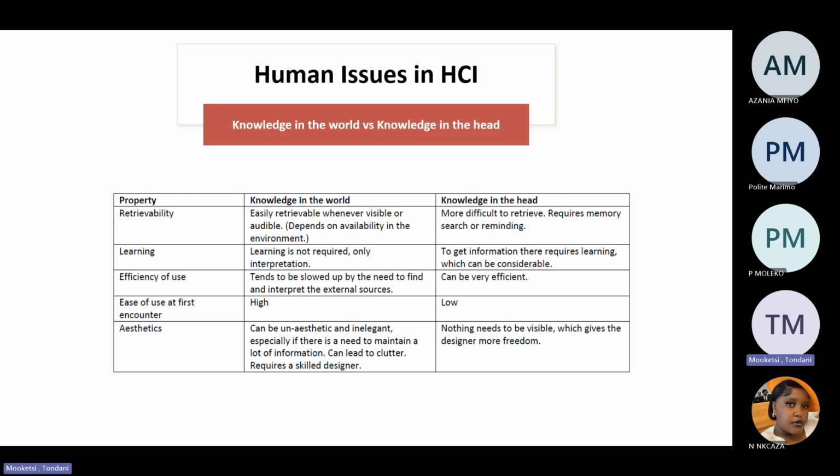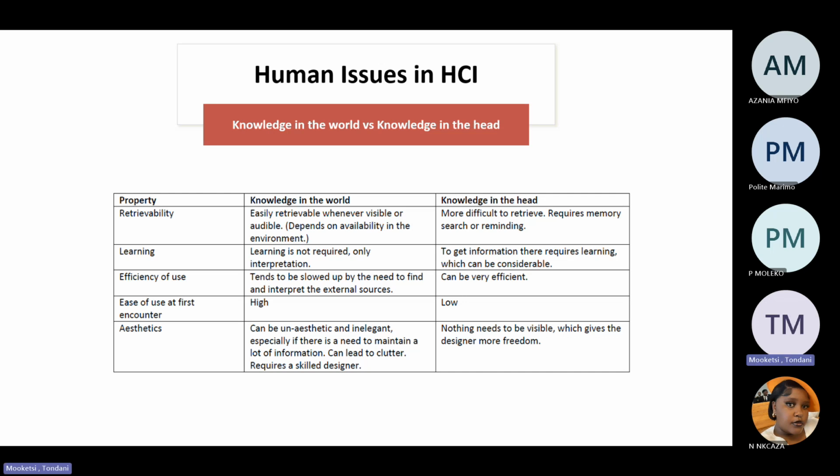Then aesthetics. Knowledge in the world can be unaesthetic or inelegant, especially if there's a need to maintain a lot of information. This can lead to clutter and it requires a skilled designer. So this is where UX designers come in to design interfaces that are easy on the eye, meaning that it flows logically and is not cluttered.